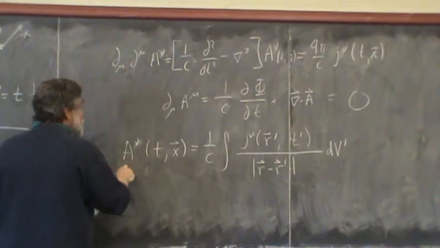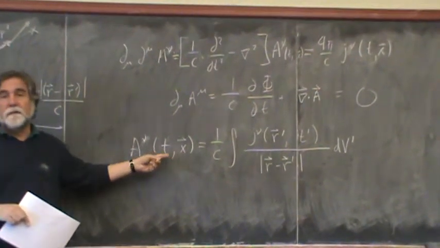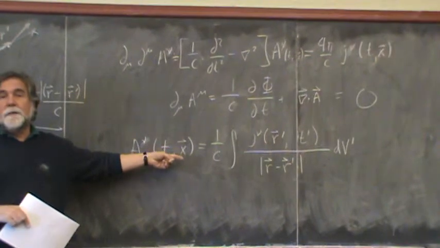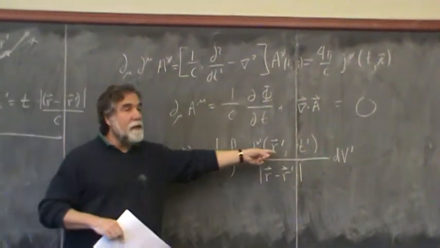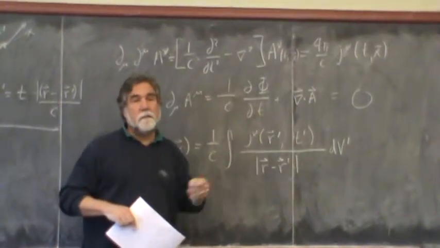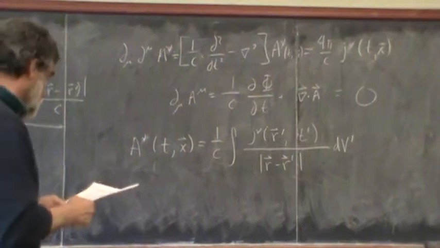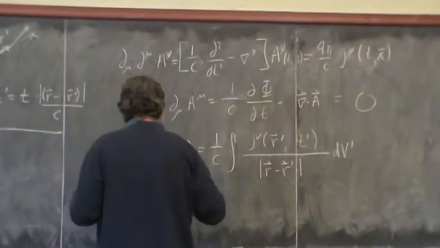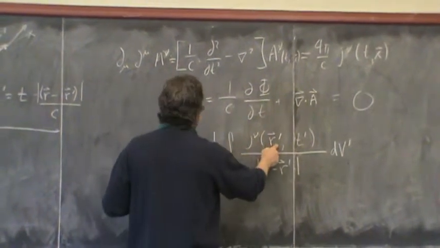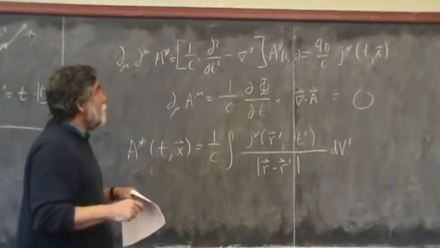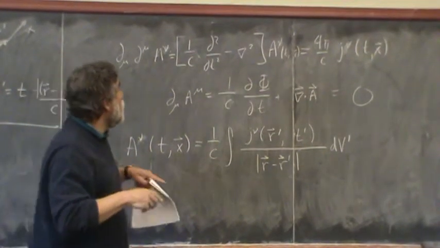That the potential at one particular place and time depends upon what the currents were at another place and time, where the time goes in there. So I'm interested, I mean, this one's straightforward. I want to know what the field was.